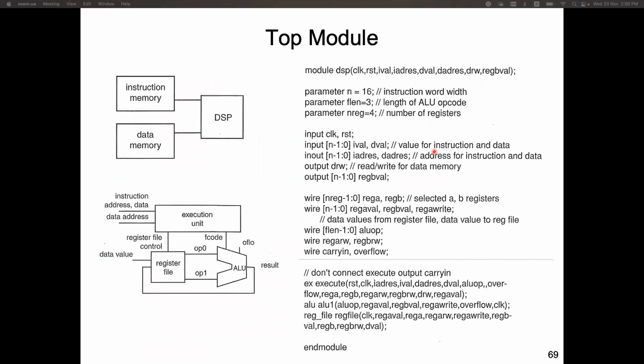If no, now lastly we put together the three units to form the complete processor. This processor is shown here. Let's check the I/O ports: clock input, reset input, and the instruction value input.